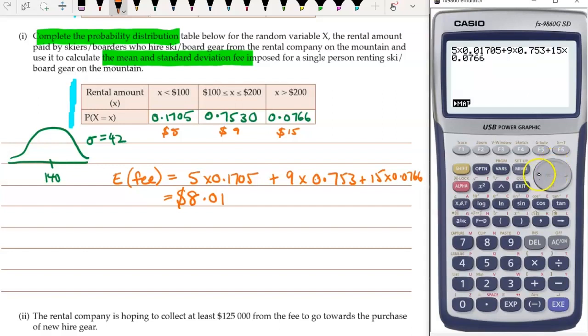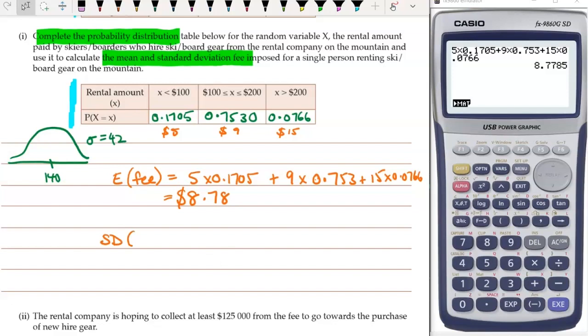On which I can see I've made a small mistake. I've added an extra 0 where there shouldn't be. Just going back and checking my answer. Sorry about that. So this just here should have been 0.1705. It's worth just checking that you've input things correctly each time. And it's actually coming to $8.78.